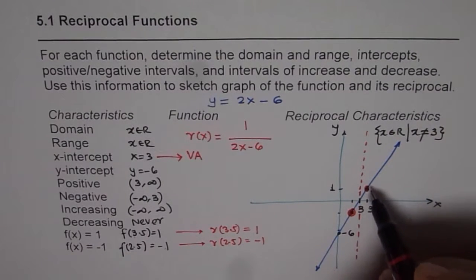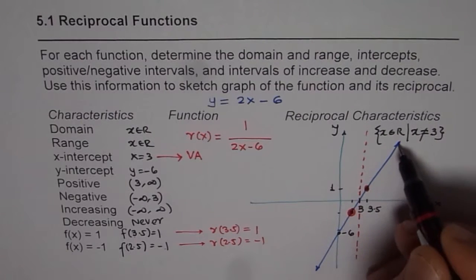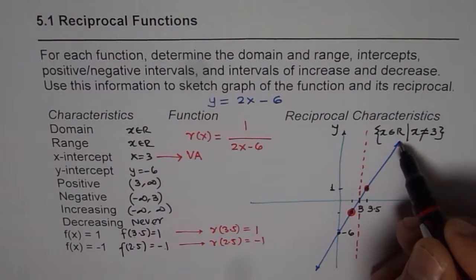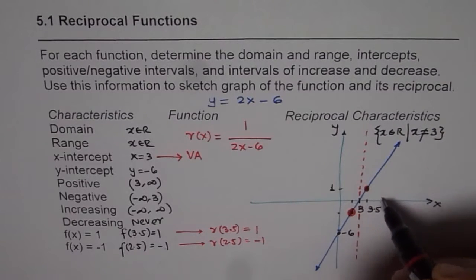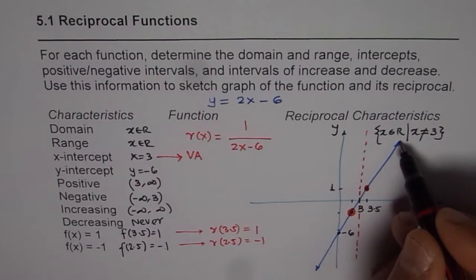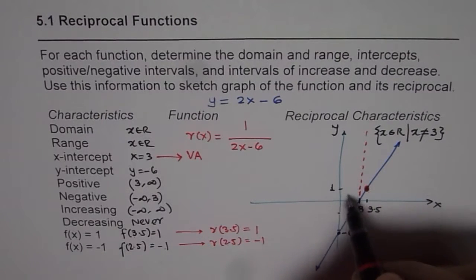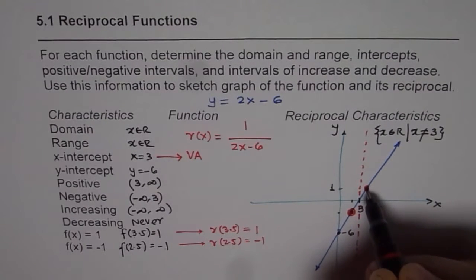Now, let us look into the characteristics, the end behavior. If the value of the function is becoming larger and larger, then the reciprocal should become smaller and smaller. For example, if the value is 1, the reciprocal of 1 is 1.